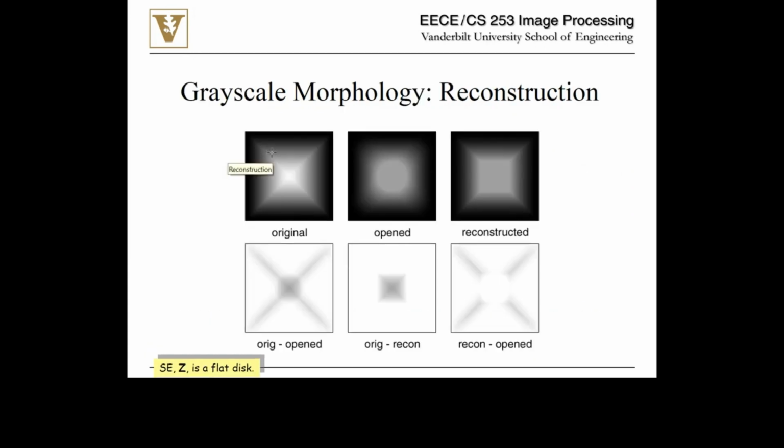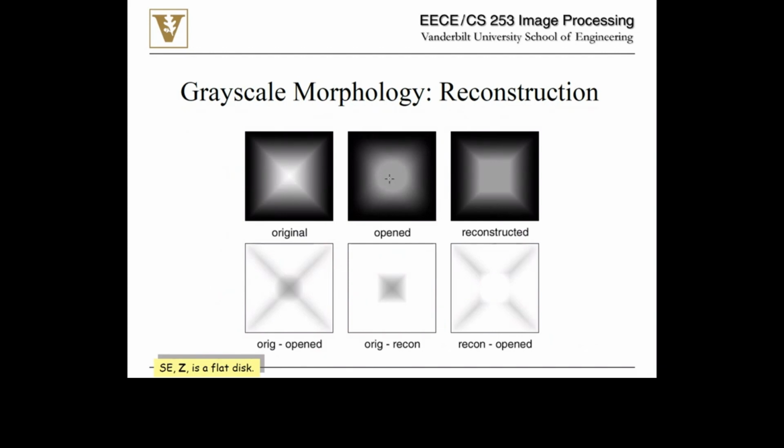And here we have more examples. This is the original, this is the open one, and this is the reconstructed one. The reconstruction is halfway between the opening and the original, so you don't fully recover the peak, but you get the shape of the peak.